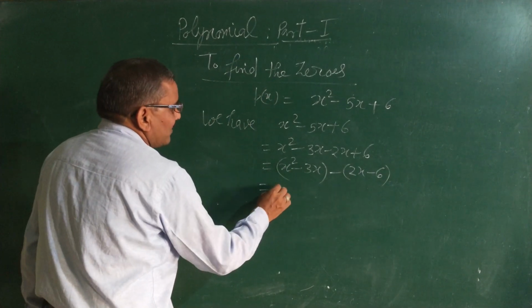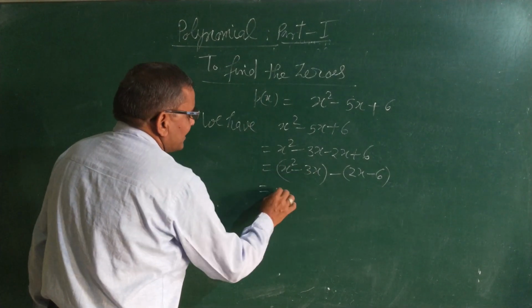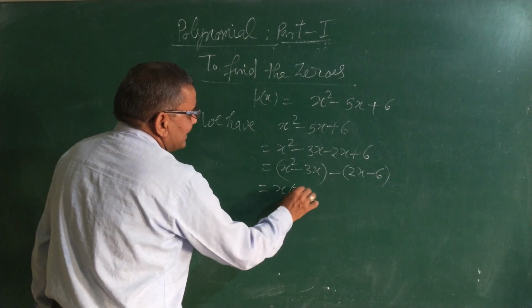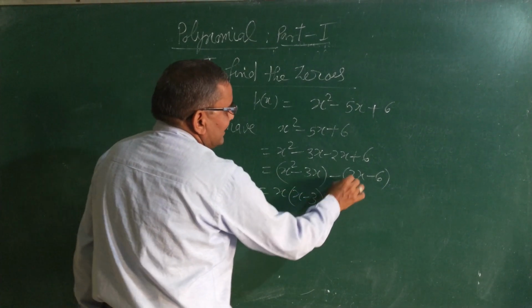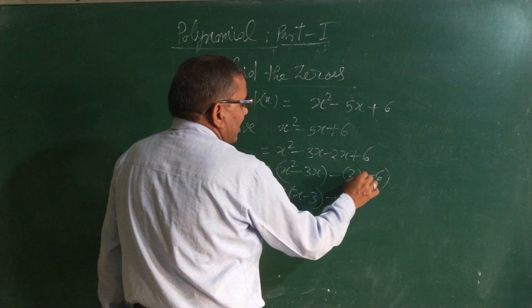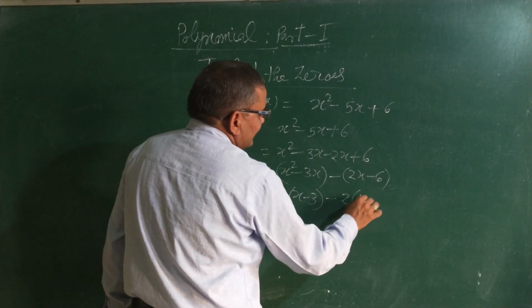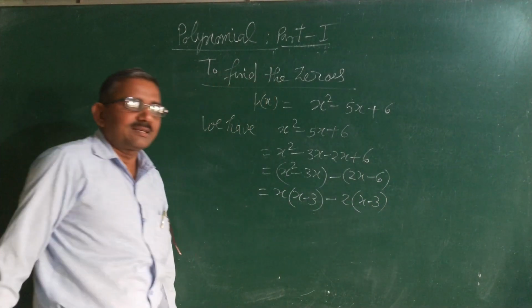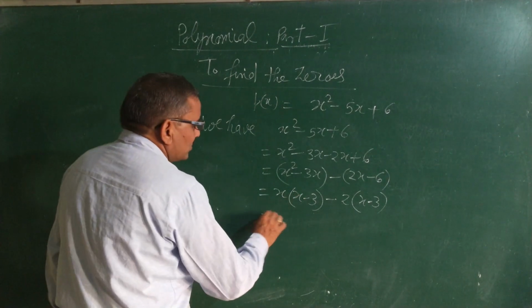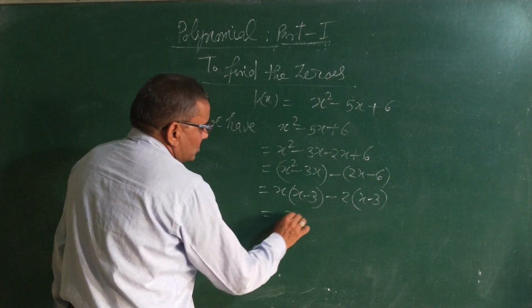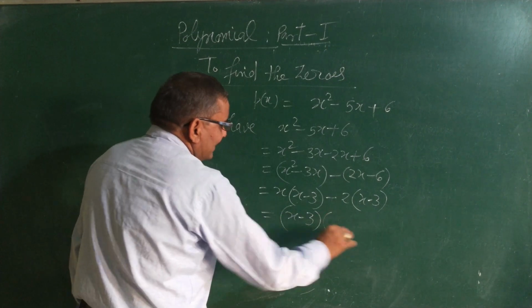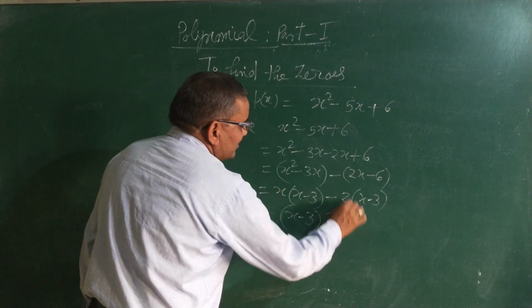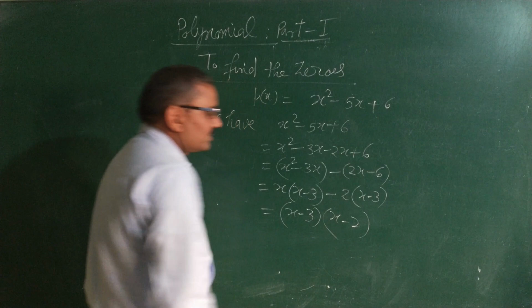Now take x common from x square minus 3x, in bracket x minus 3, minus 2x minus 6, out of that 2 is common, take x minus 3 in the bracket. Now x minus 3 is common in both, so x minus 3 in one bracket and x minus 2 in another bracket.